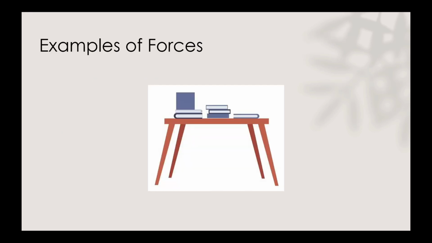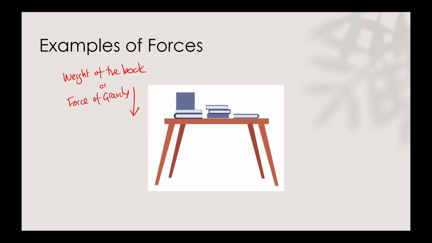So now let's have a look at some examples of forces. If we take the example of some books resting on a table, let's see what forces are in play here. We have a force going down, which is going to be the weight of the books, or we could say it's the force of gravity that's putting those books down.